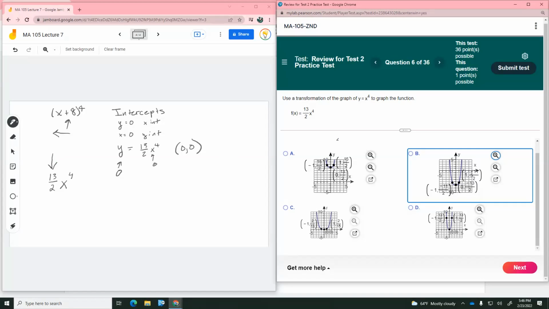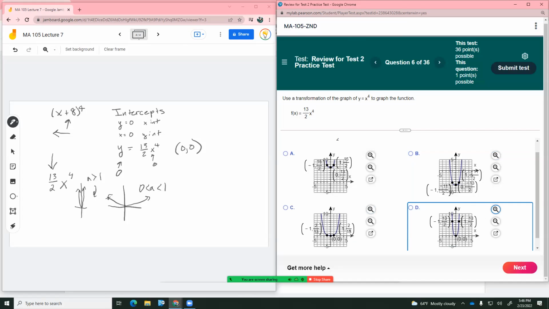Remember, if your A value is bigger than 1, that means you're going to have a vertical stretch. If your number is between 0 and 1, that's a vertical compression. So which of these between C or D looks like it's a vertical stretch?